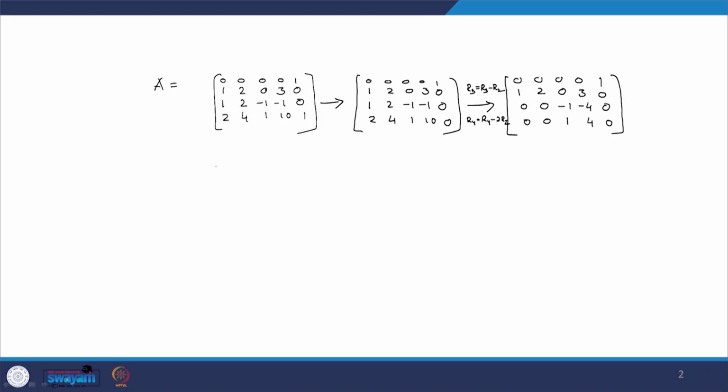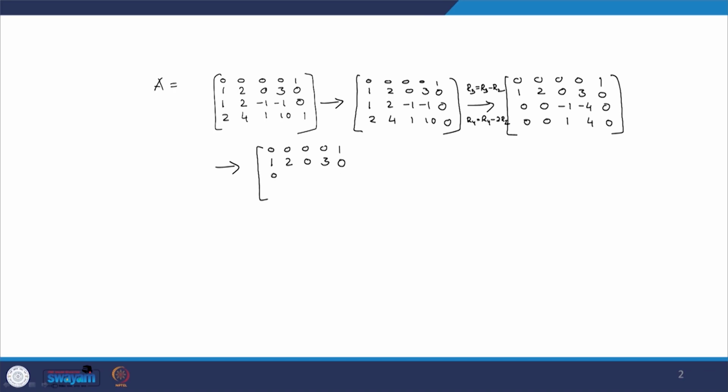So, I do this operation again, elementary row operations, keeping the first and second rows as they are. So, 0, 0, 0, 1, 1, 2, 0, 3, 0, and since I have to make the leading entry 1, I can divide by minus 1.